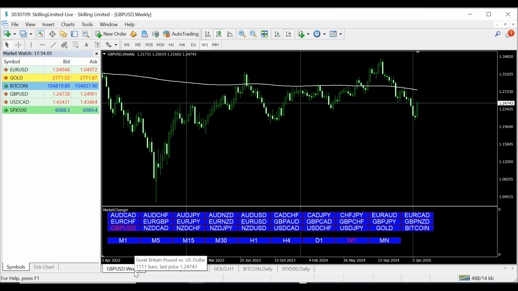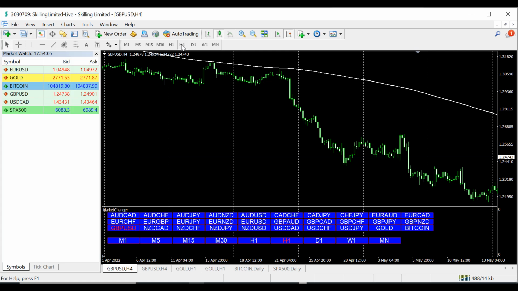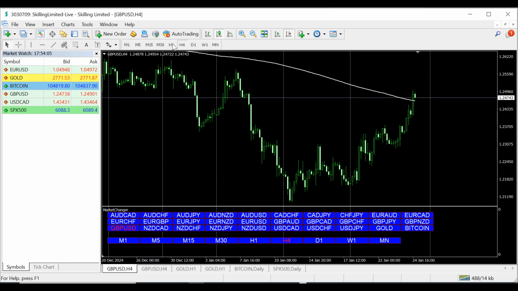Let me use this chart alone. So what I will do is switch to 4 hours, and I'll pull the Fibonacci retracement. First off, on 4 hours, the 200 period moving average is already operating below the price, meaning that it's been broken on 4 hours.